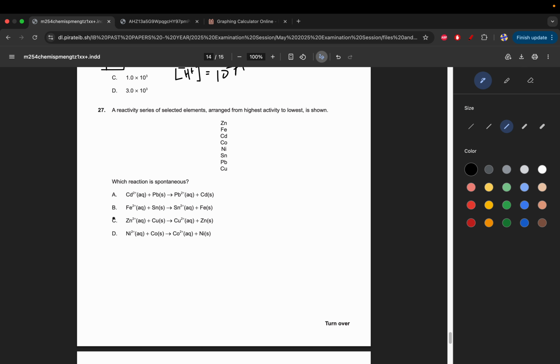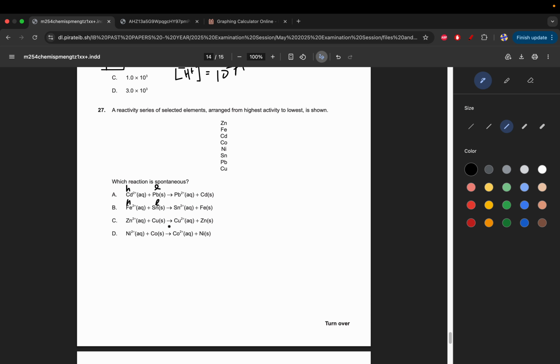A reactivity series of selected elements arranged from highest activity to lowest is shown. Which reaction is spontaneous? Okay, so let's just take a look. Cd and Pb. Cd is going to be above Pb. So we note that this one is higher and this one's lower. Fe and Sn. Fe again is higher than Sn.